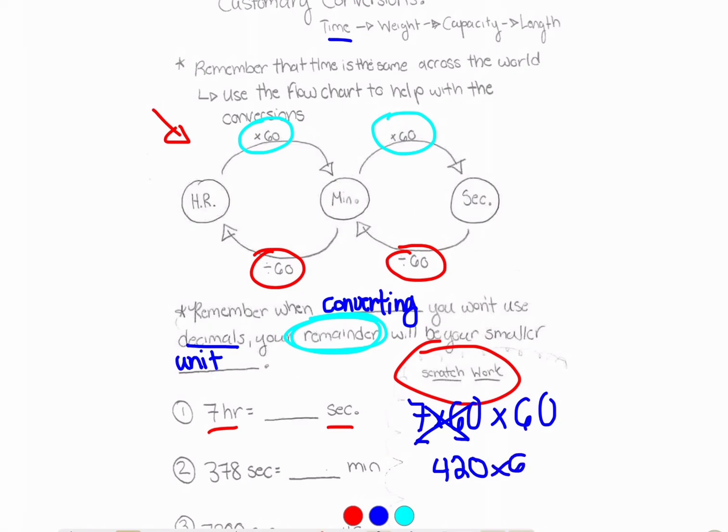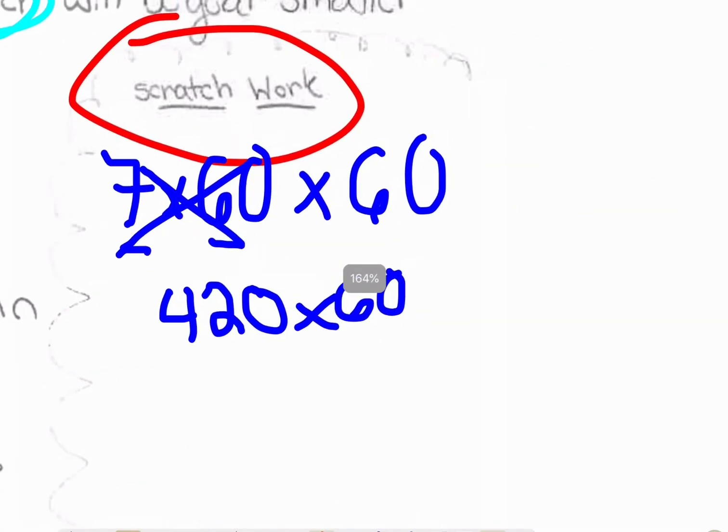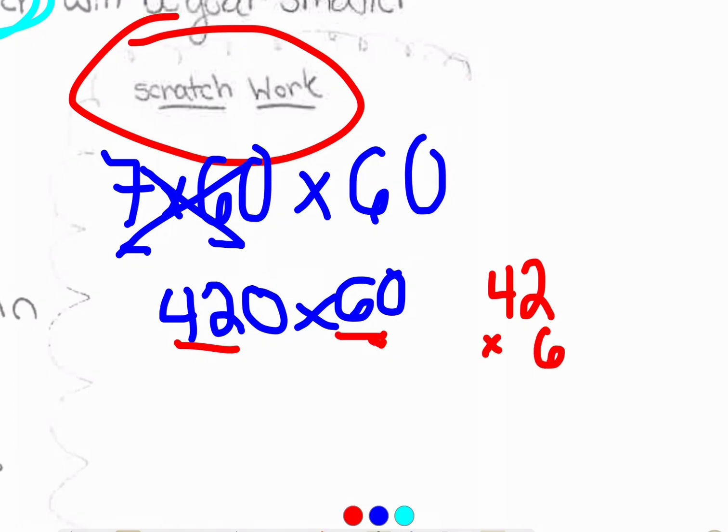And let's see how many seconds that is. 420 times 60. Not going to be insanely fun, but we can do it. I'm just going to do 42 times 6 and then add my 2 zeros at the end. 2 times 6 is 12. 6 times 4 is 24, plus 1 is 25.